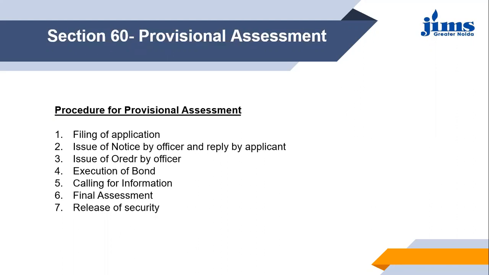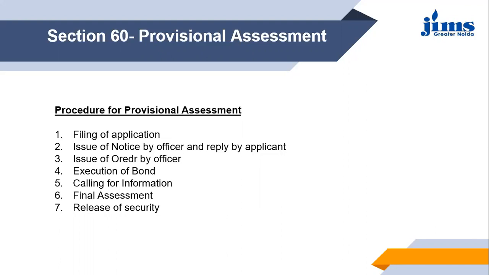There is an electronic form available, which we call ASMT01. That ASMT01 is available on the common portal, so you can go for this filing of application either directly or through a facilitation center, stating that you don't know the final assessment, you don't know the exact value of the tax liability, and therefore you are applying for the provisional assessment.